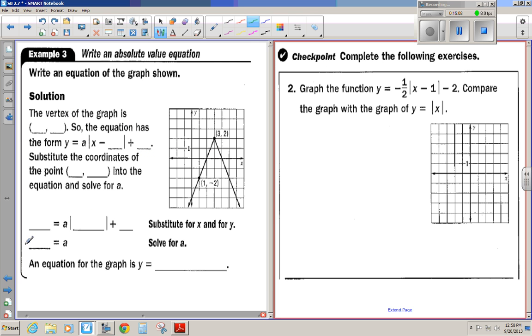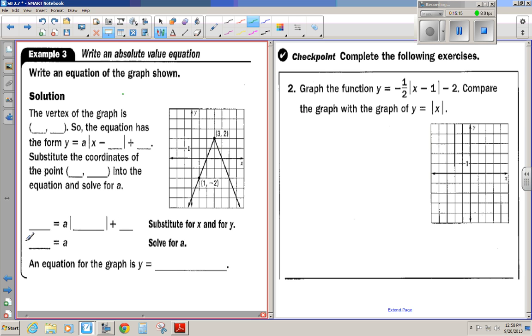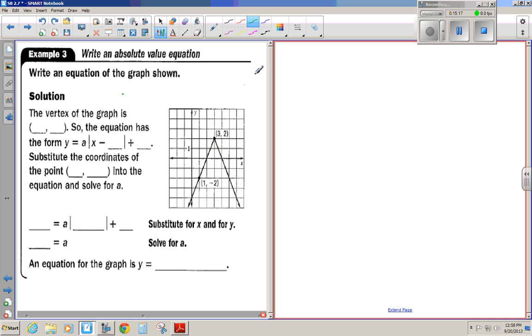Example 3. Now we have to come up with an equation. To write an absolute value equation, I think we should give some steps.